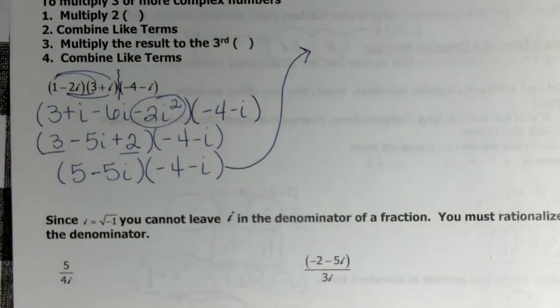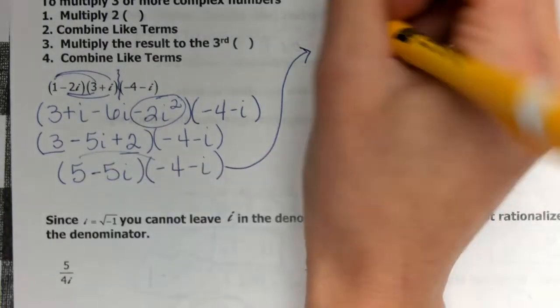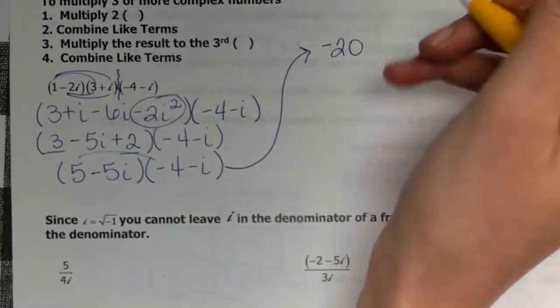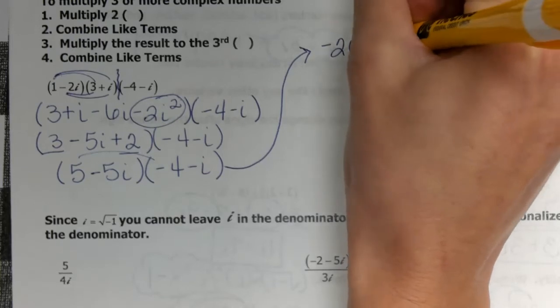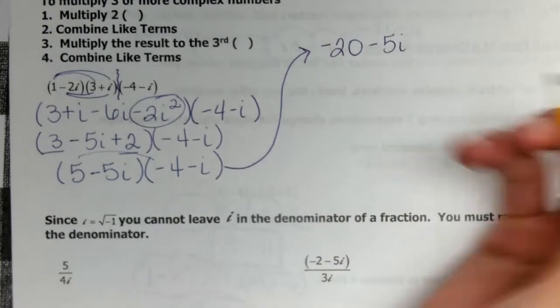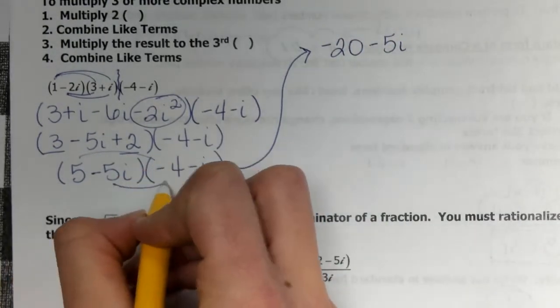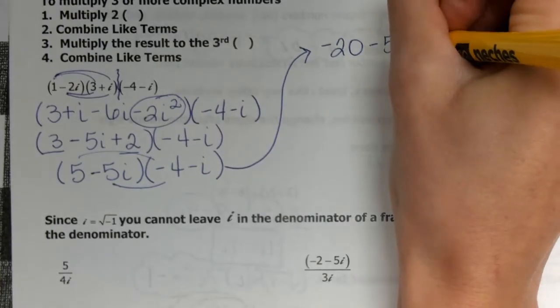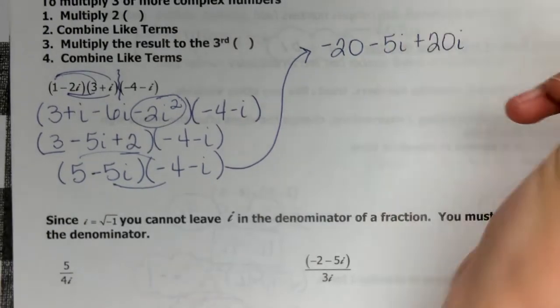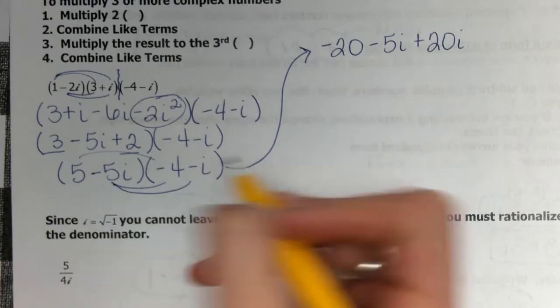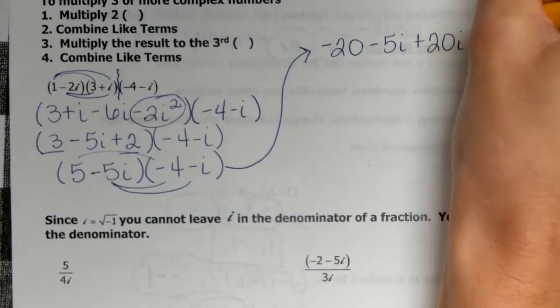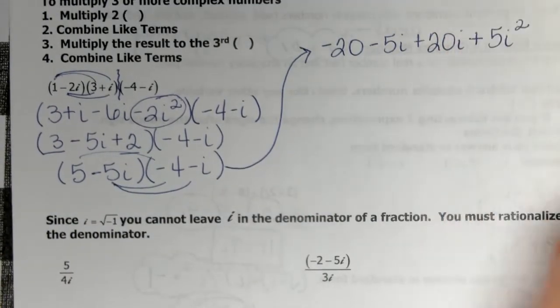multiply it. 5 times negative 4 is negative 20. 5 times negative I is a negative 5i. Then negative 5i times negative 4 is a positive 20i. And then negative 5i times negative I is a positive 5i squared.